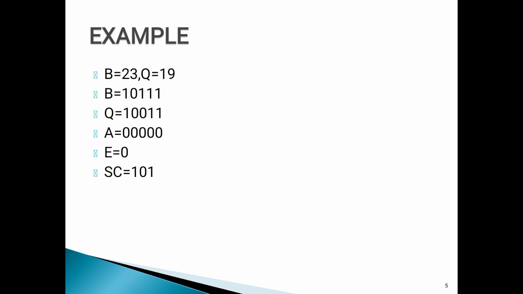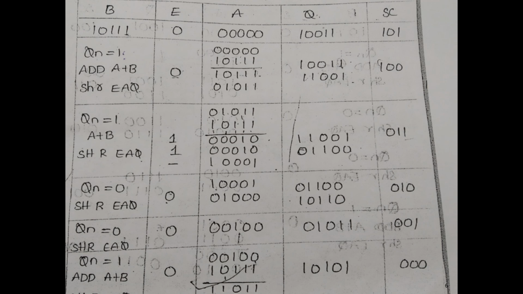What is the least significant bit of the multiplier? That is Qn. If Qn is equal to 1, then what will you do? Add A and B. What is the A value? 5 zeros. What is the B value? 10111.